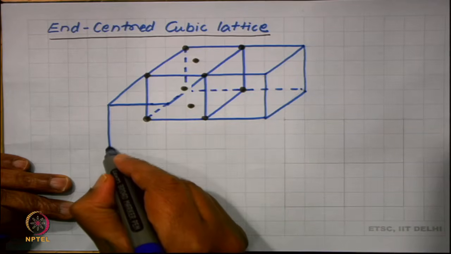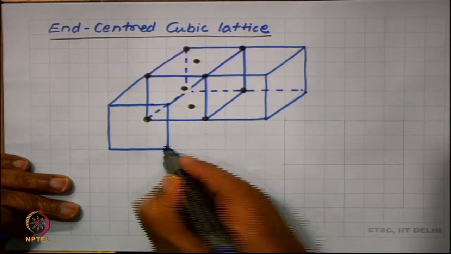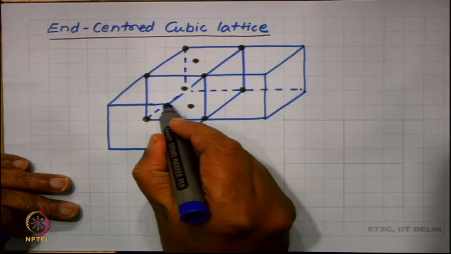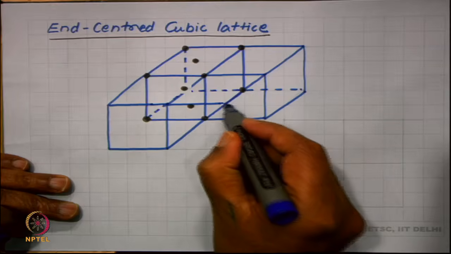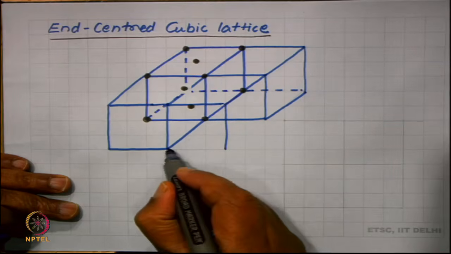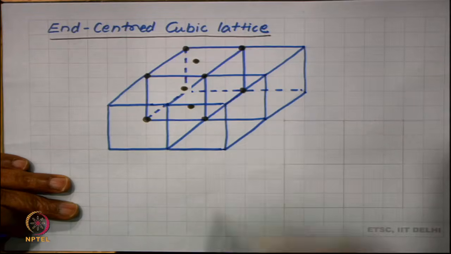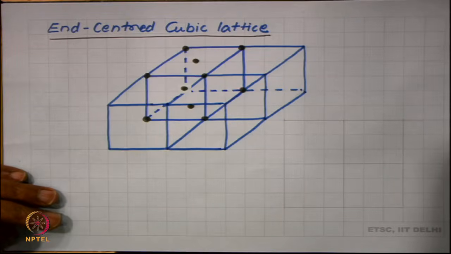I am just adding cubes next to the cubes which we were having in the beginning, resulting in 2 by 2, 4 unit cells with one common vertical edge.